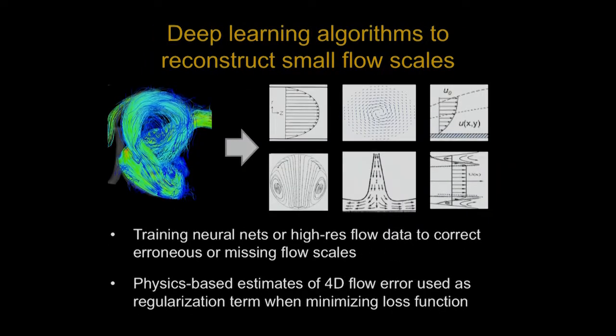So the idea here is, if you want to use a deep learning approach, we are not training our neural net on a bunch of 4D flow data sets. We actually split the flow into a number of subvolumes, and each subvolume would represent flow in a bent tube, or flow in a pipe, or a vortex, or a jet impinging on the wall.